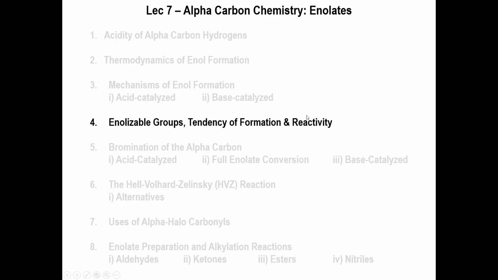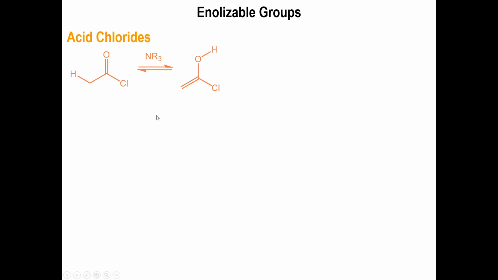So as far as the groups that can be enolizable, most textbooks just leave it at the ketone and aldehyde stage, and probably do mention esters as well, but they leave it at that. But the reality is that all the different carbonyls that we have talked about in this class up until this point have that potential tendency.